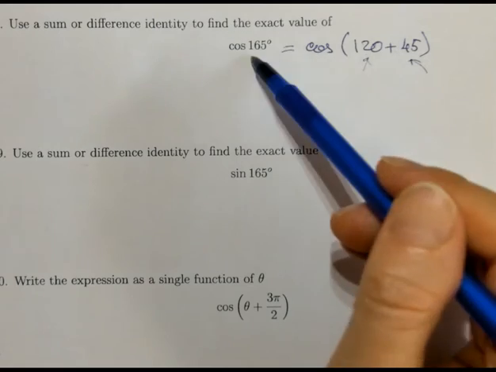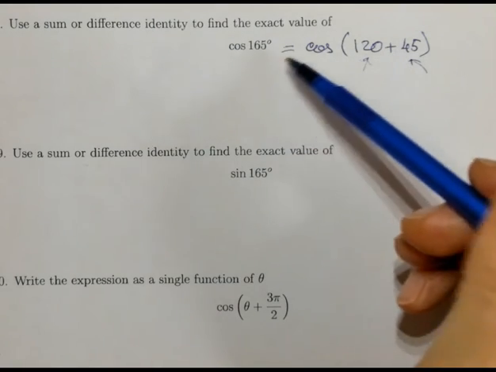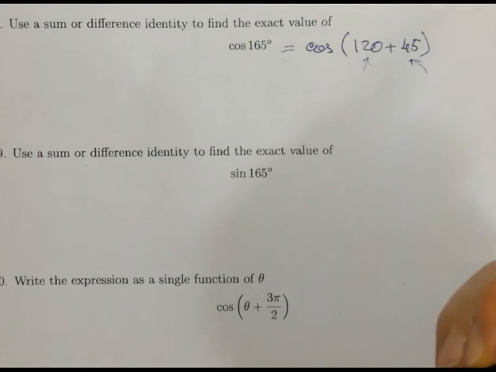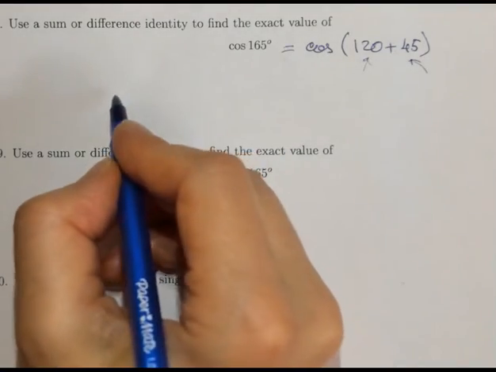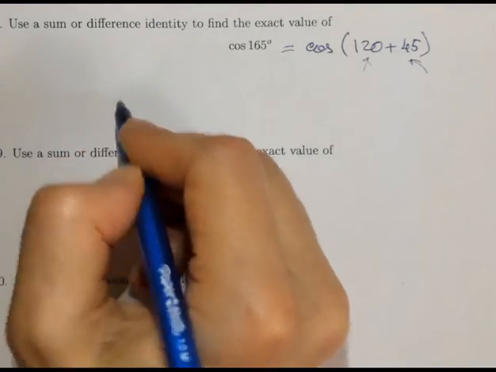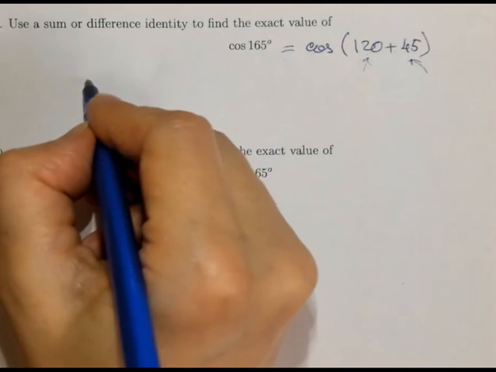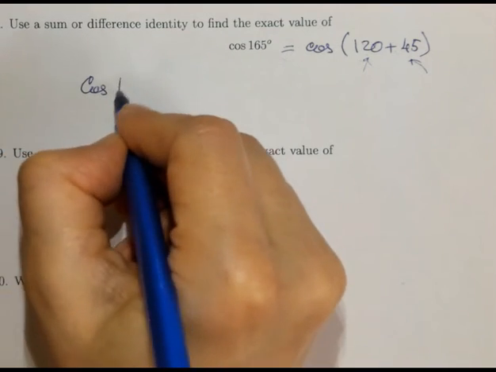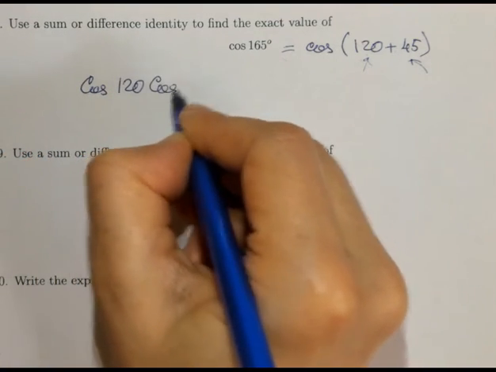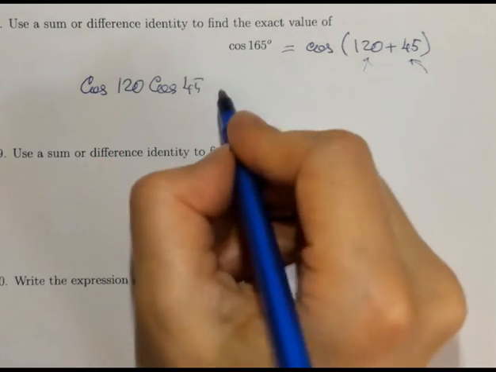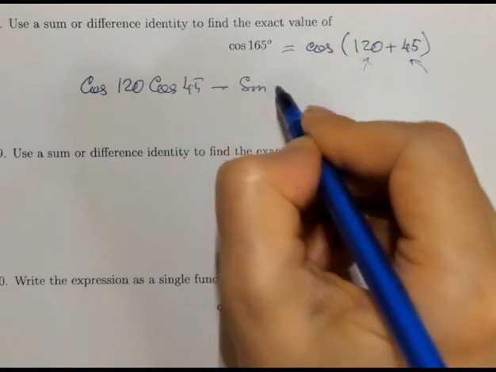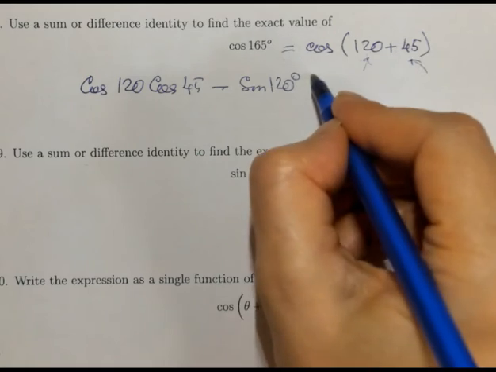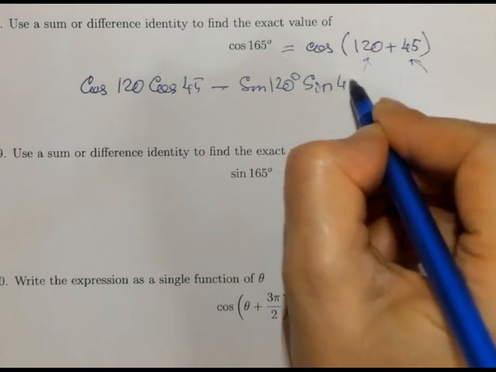If this sum is correct, then you will get the same correct answer. And then you use the cosine of sum identity. Cosine of a sum equals cosine of the first, 120, times cosine of the second, 45, minus sine of the first, 120, times sine of the second, 45.